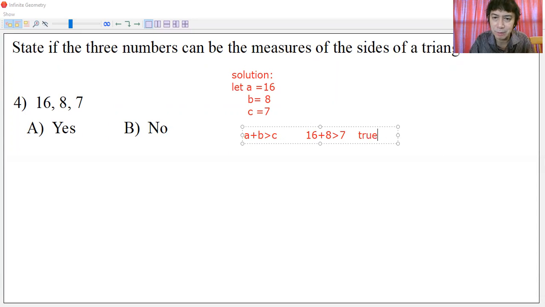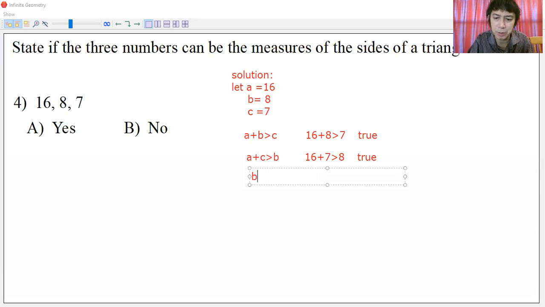Next, is A plus C greater than B? That'll be 16 plus 7 greater than 8. That'll be 23 versus 8. That's true. How about B plus C?